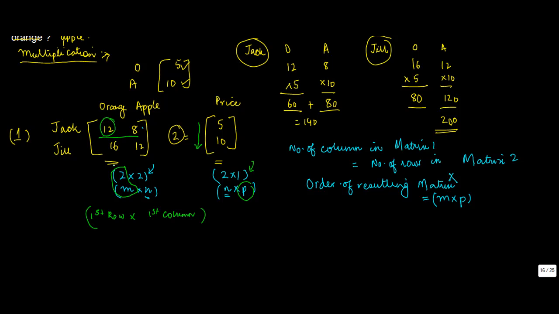Then 12 you will multiply with 5. So 12 into 5 is equal to 60, which is going to be the first element of the product. Now the product has to have the order m into p, or 2 into 1, which means there are 2 rows and 1 column.